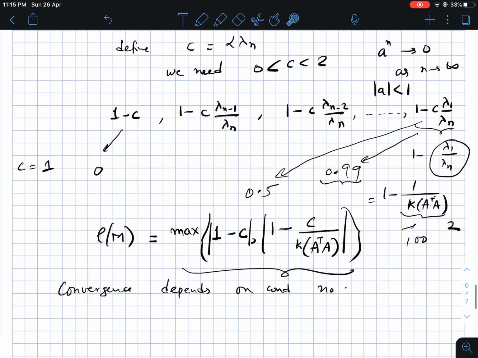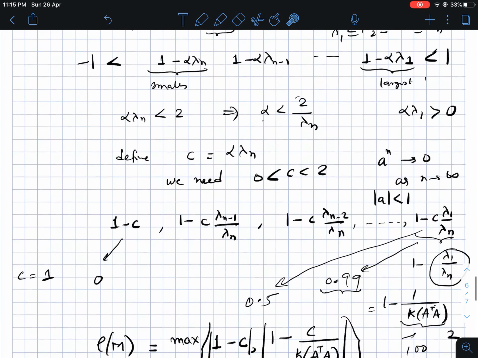I can easily avoid 1 minus C from being close to minus 1. Remember, this quantity over here is less than or equal to minus 1, and this quantity here is less than or equal to 1. I can readily avoid this gap. Okay, again, it's not less than or equal to, it's less than, yeah. I can readily avoid this by simply picking C to be far away from 2.